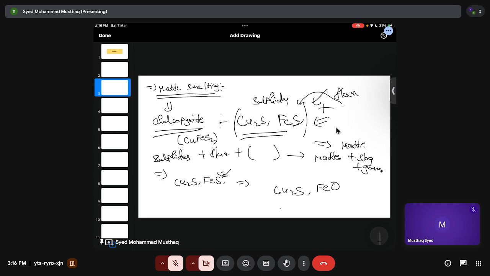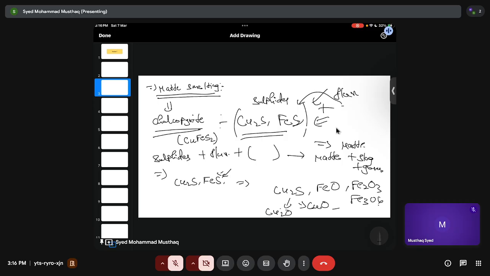Let's say you form Fe2O3, there might also be Fe3O4. Some copper sulfide will also convert into copper oxide. That might also happen, right? You cannot say that won't happen. And depending upon the partial pressure of oxygen, you can end up with two products.